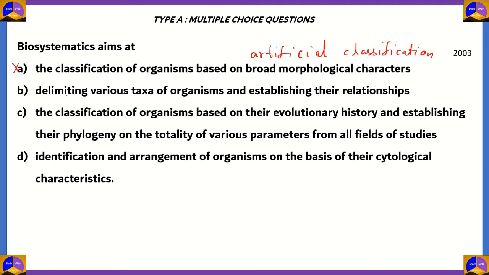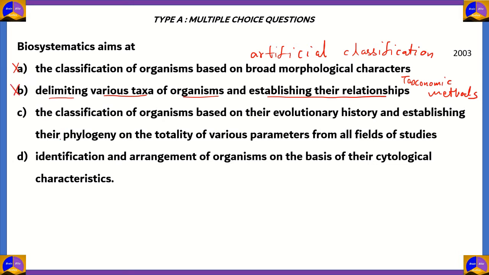What about option B? Delimiting various taxa of organisms and establishing their relationships. Well, this definition can be put under taxonomic methods. So therefore, option B is also incorrect.